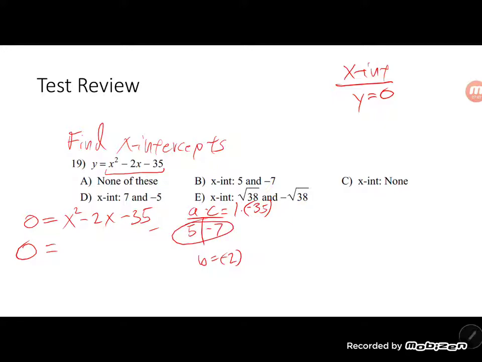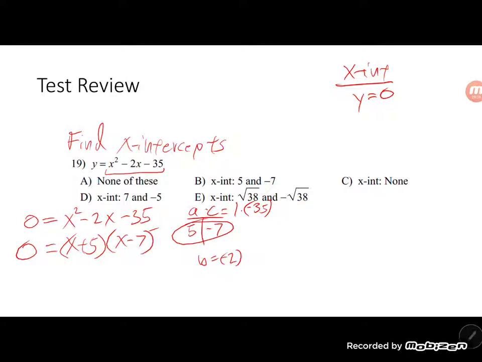So those are my two numbers that fit this trinomial perfectly. And so I'm going to use these to then factor my equation. Now a is equal to 1, so I can take the shortcut and I can just say x plus 5 and x minus 7, just like that.